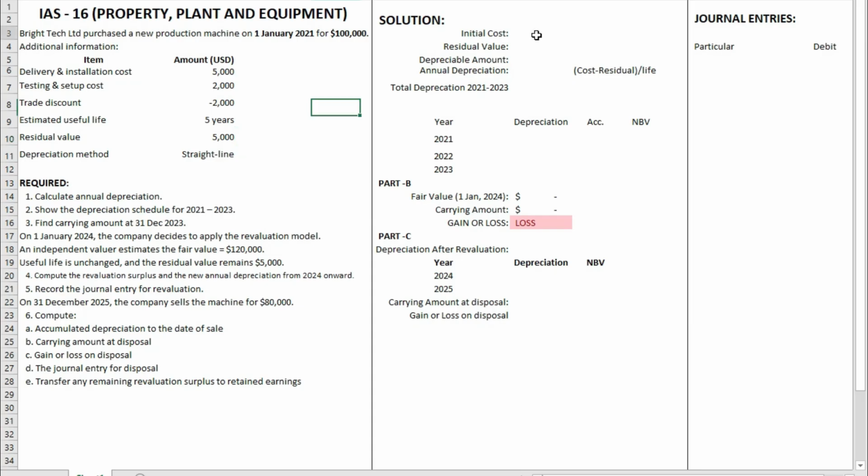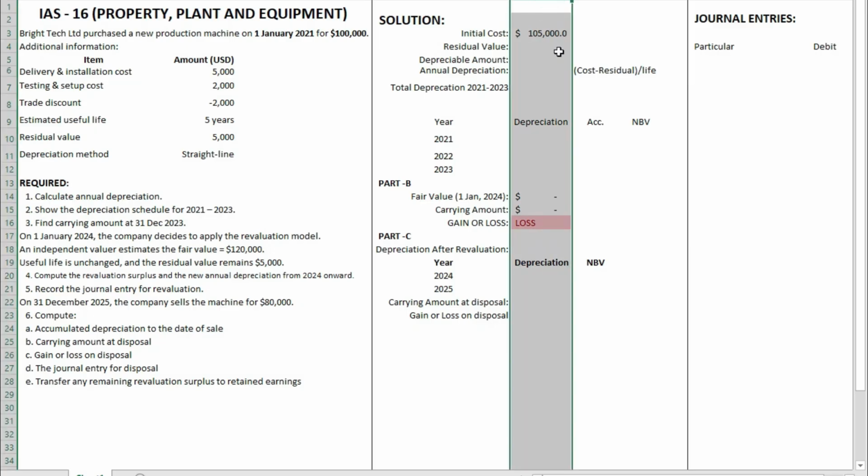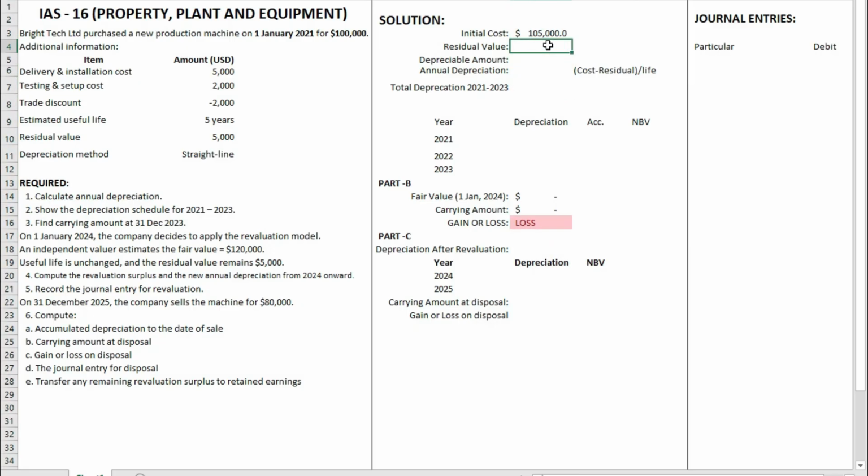Let's find out the initial cost, which was 1 lakh, plus our delivery and installation cost, and then plus the trade discount. When we press enter, we have 1,50,000 as the initial cost of that machine, and the residual value, we have that value.